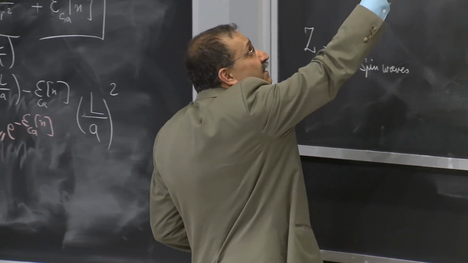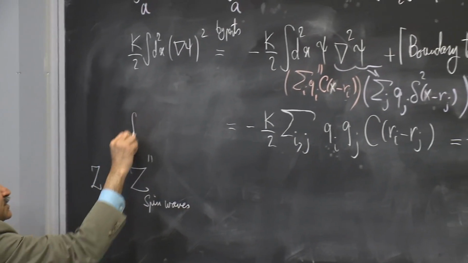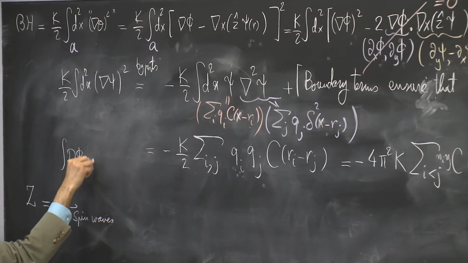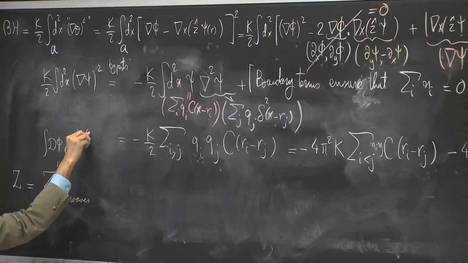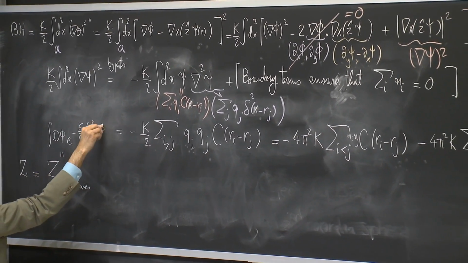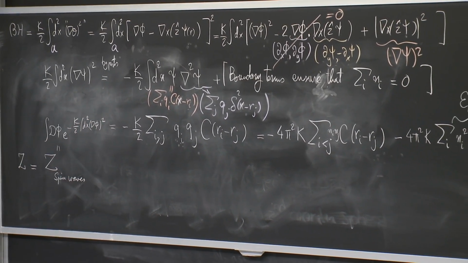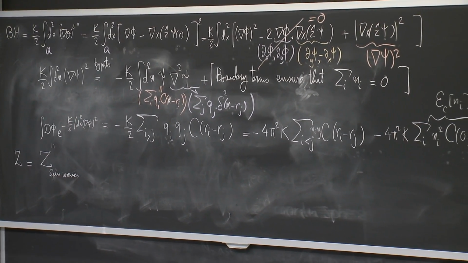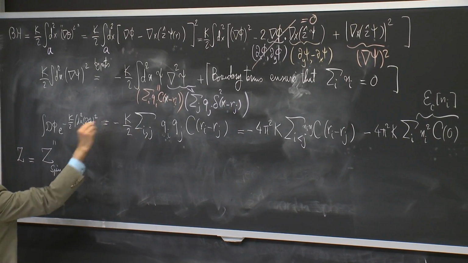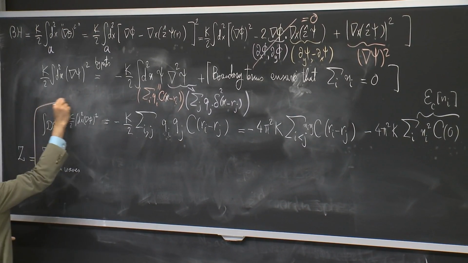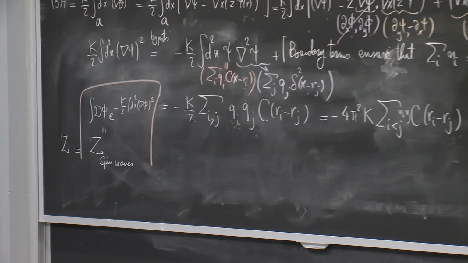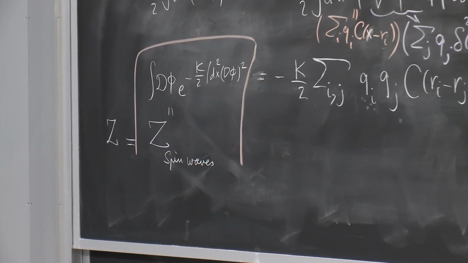So this is the part that corresponds to integral d phi e to the minus k over 2 integral d2x gradient of phi squared, where phi is a well-behaved ordinary function.